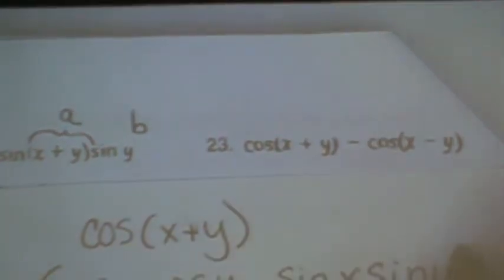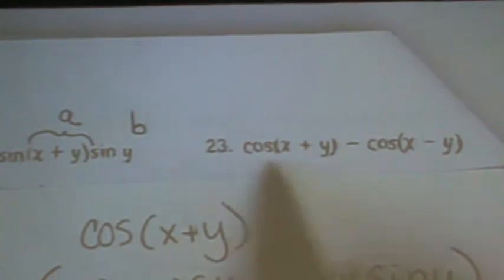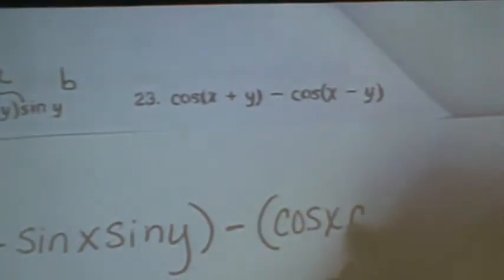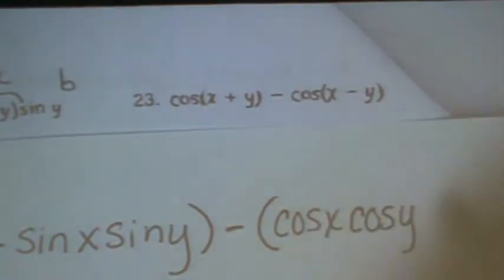So all of this is just this piece right here. Then we're going to do minus. We have to break this piece up. This would be cosine of x, cosine y. Change this sign.